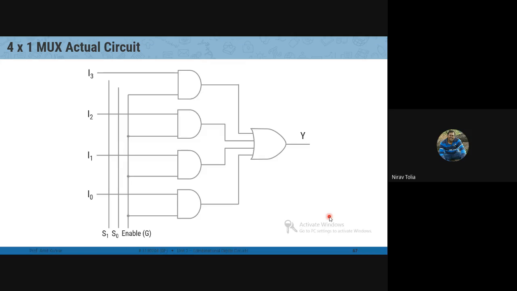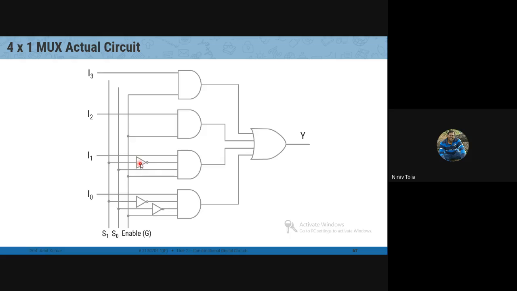Now for I0, what is the equation? S0 dash S1 dash I0. So we take the input from S1 and S0 and connect it with the NOT gate, so here I get S1 bar and here S0 bar. For I1, my S1 is 0 and S0 is 1, so I am directly taking S0, but S1 we connect with the NOT gate.